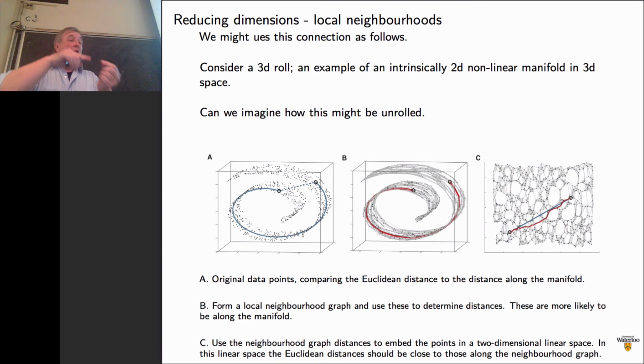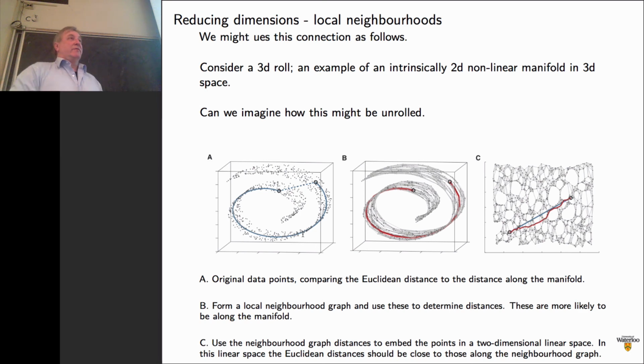Or I might just say, give me my k nearest neighbors. So I find the nearest neighbors for some value of k, which is a simple way to proceed. And then I draw a graph. Imagine each point is a node, and draw a graph where the edges are between any pair of nodes if one is amongst the k nearest neighbors of the other. Okay?